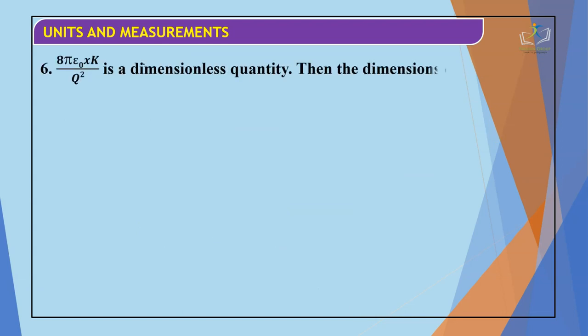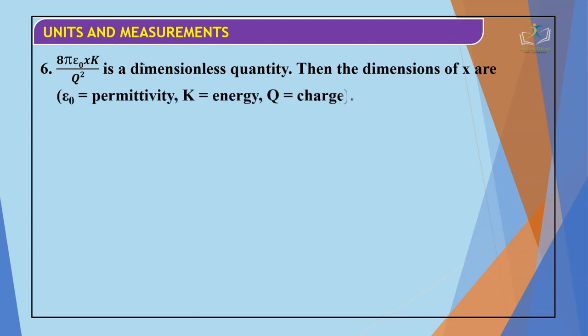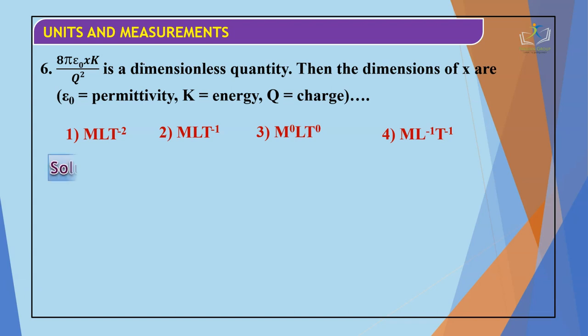Next question we have: 8 pi epsilon naught k x by q square is a dimensionless quantity. Then what is the dimension of x, where epsilon naught is permittivity, k is energy, q is charge. Options we have are these: ml to t minus 2, ml t minus 2, ml t minus 1, m0 l t0 and ml minus 1 t minus 1.